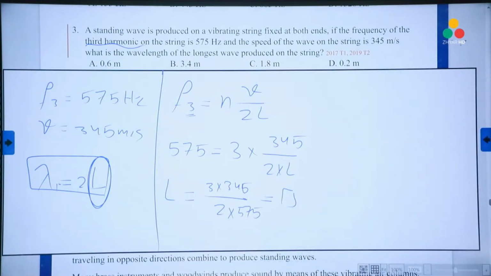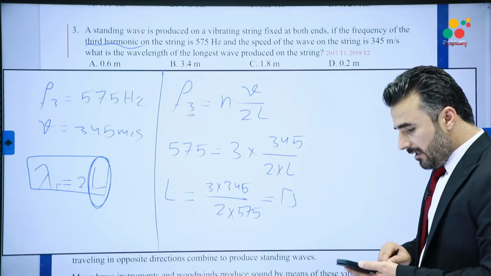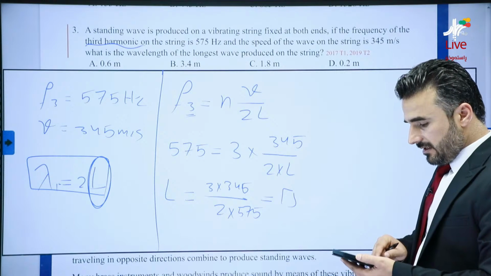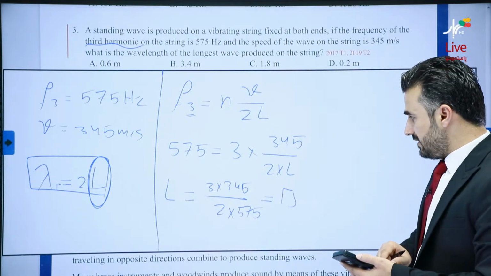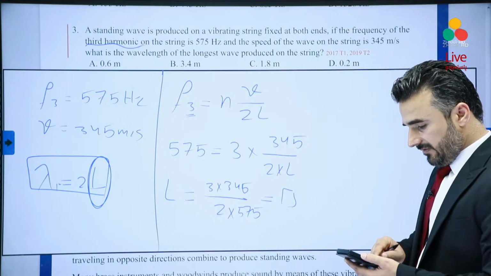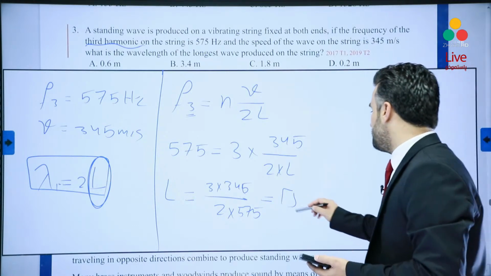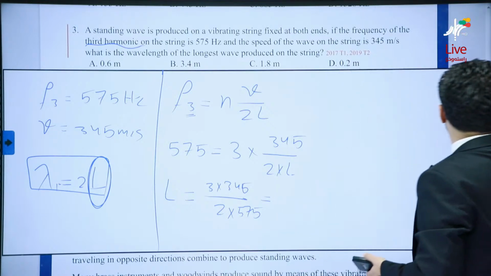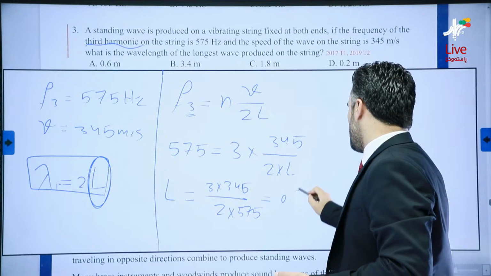So we have 3 times 345, and then divided by 2 times 575. So the answer is going to be 0.9, but 0.9 what? 0.9 meter, of course. So length equals 0.9 meter.